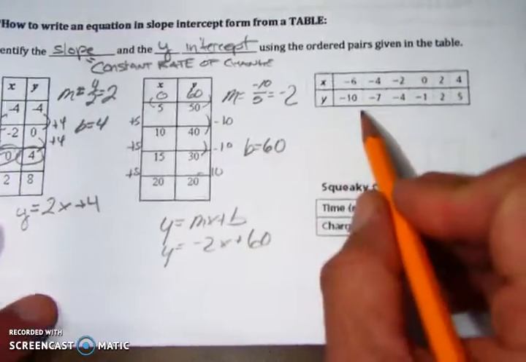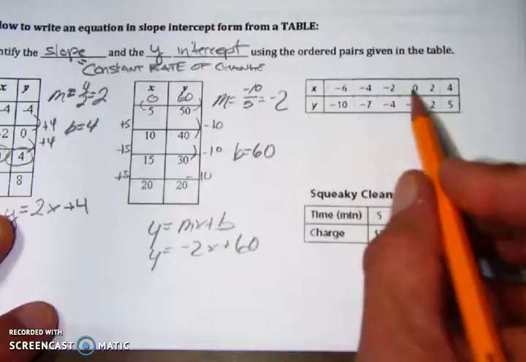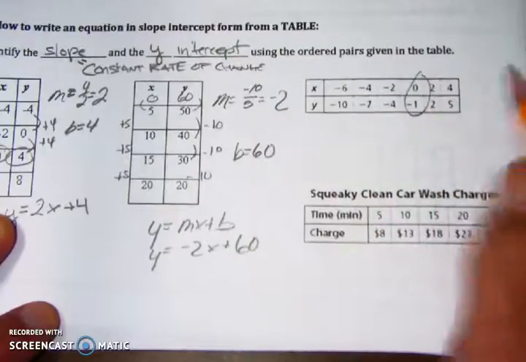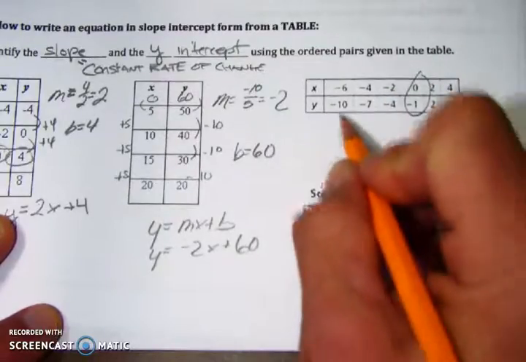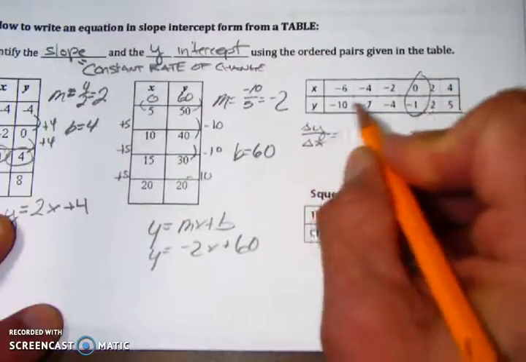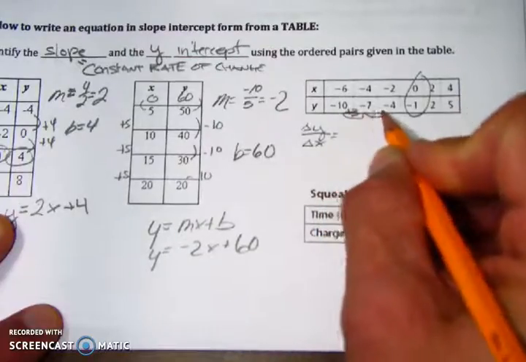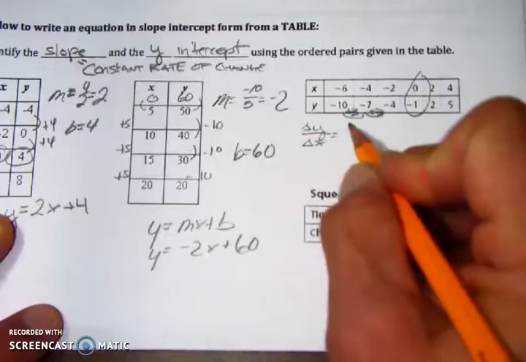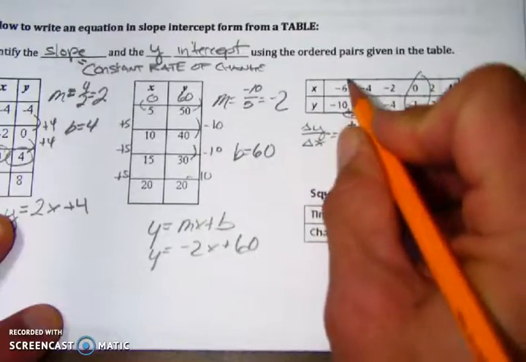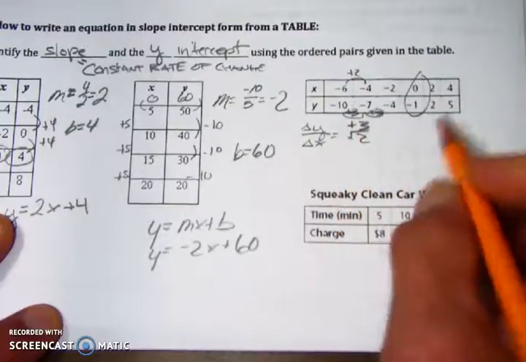Okay, we can do this one in real time. -6, -4, -2, 0, 1. There's our y-intercept there. Our slope, delta y over delta x, from -10 to -7 looks like +3 in the y, and it looks like +2 in the x.